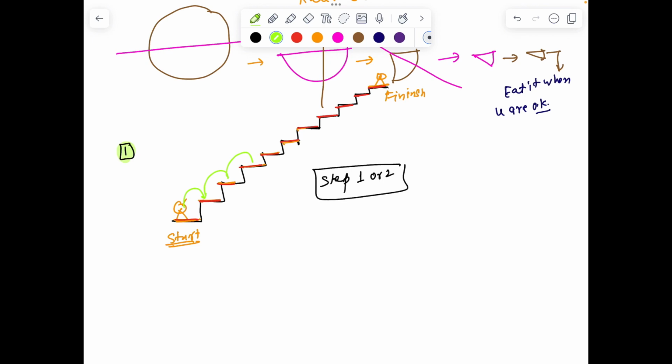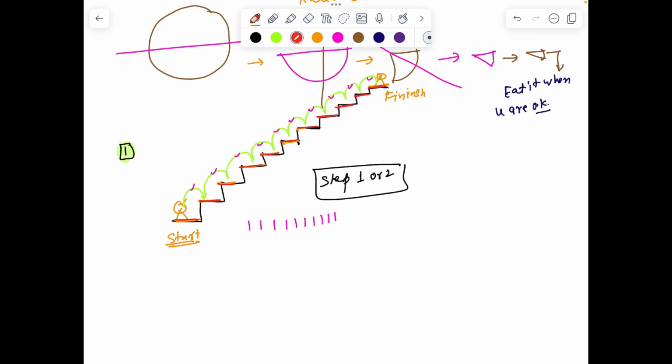So he'll move to the next stair, again 1, 1, 1, and so on. So you can see in this way he can take steps of 1, one after another, to reach the 10th stair. Or he can take a step of 2.